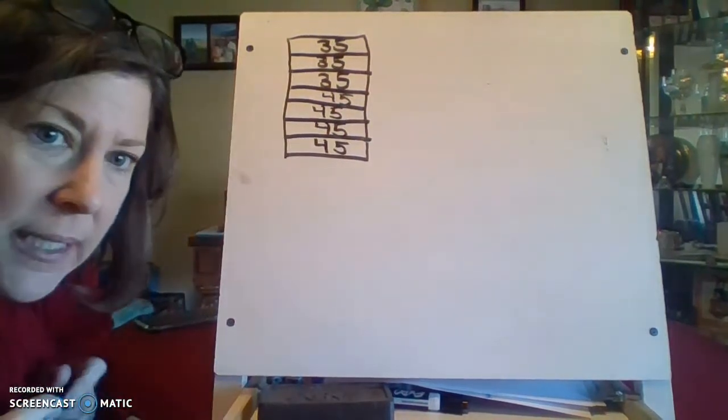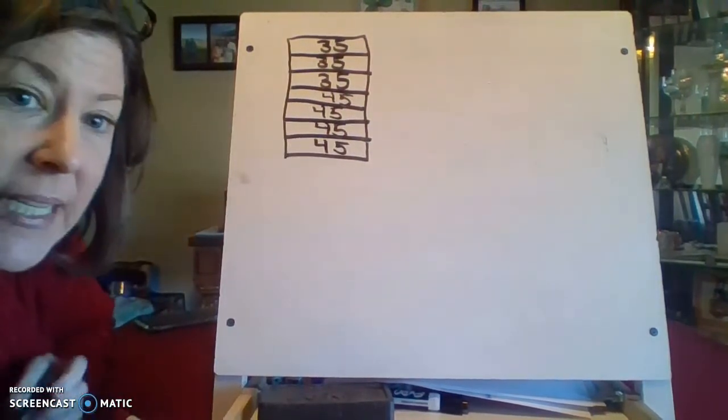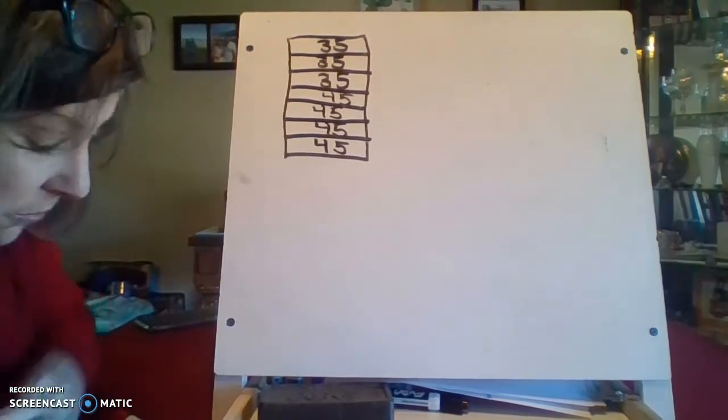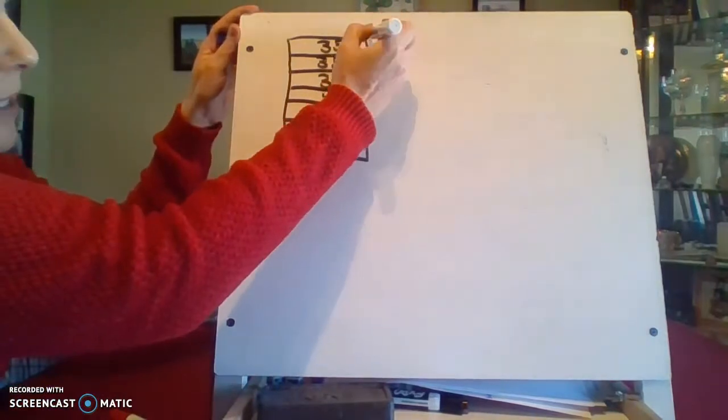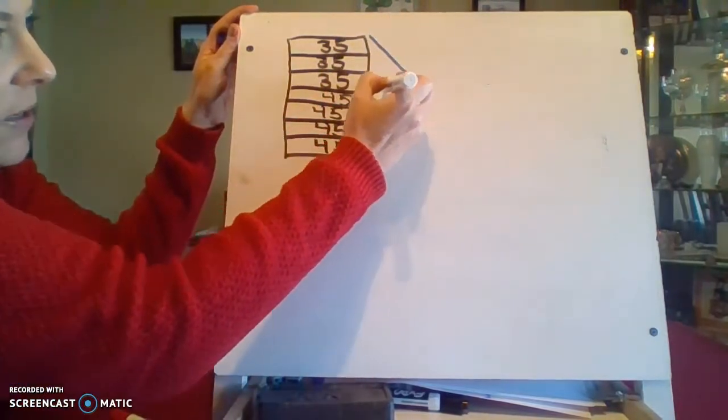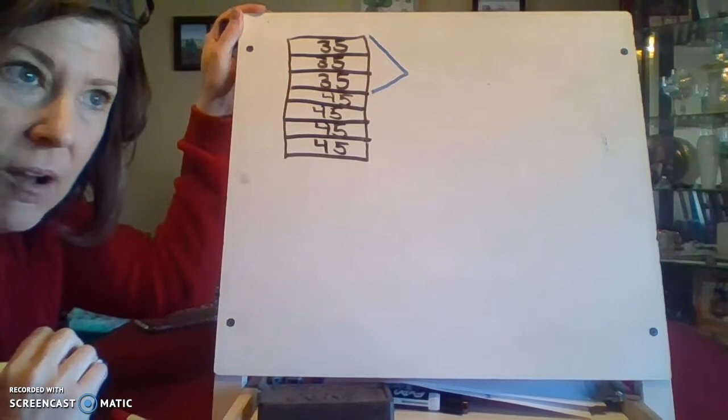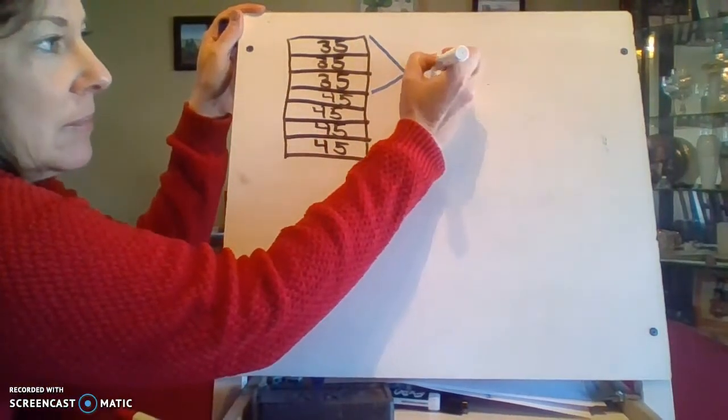Now, hopefully you're looking at this tape diagram and you're knowing exactly what you want to do. First thing that jumps out at me is I have 3 of the 35s.